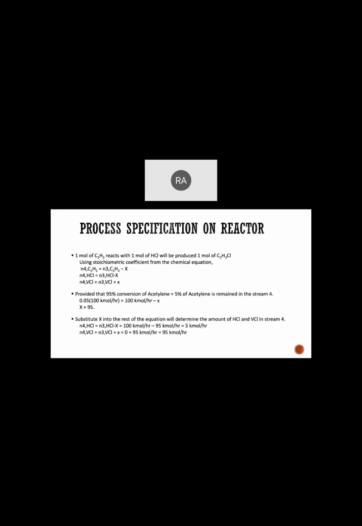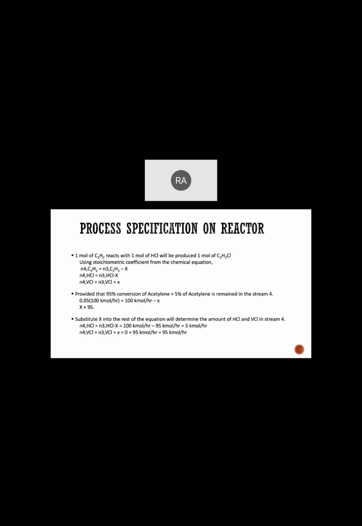For the process application of the reactor, 1 mole of acetylene reacts with 1 mole of hydrogen chloride to produce 1 mole of vinyl chloride. Using the stoichiometric coefficients from the chemical equation, we got 3 equations for acetylene, hydrogen chloride and vinyl chloride in stream 4.